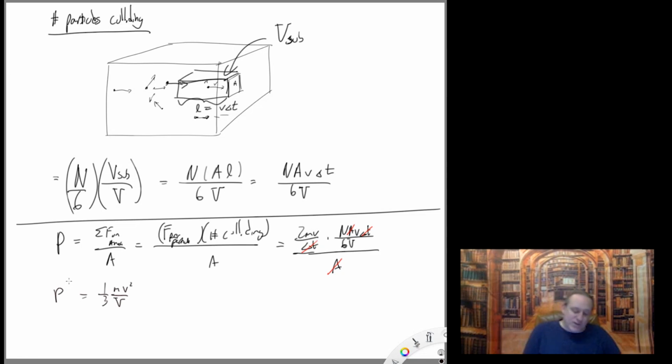If we rearrange this, we get PV equals 1/3 N m v squared. And PV looks like the ideal gas law, right? Oh, I'm sorry, I'm missing my N.